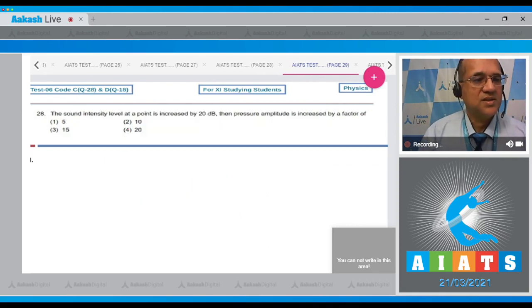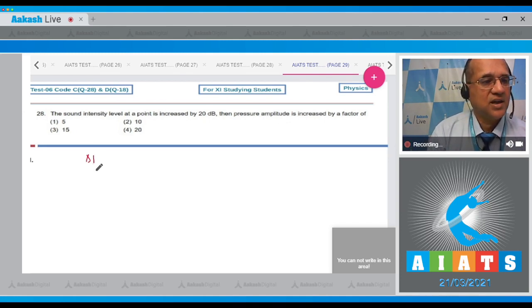Question number 28: the sound intensity level at a point is increased by 20 decibel, then the pressure amplitude is increased by what factor? Now dear student, whenever the intensity level, that is loudness, changes, this is given as 20 and the formula is 10 log of the new intensity to the old intensity.